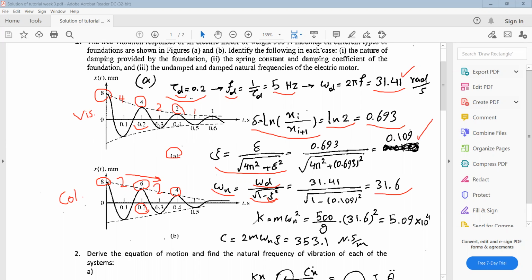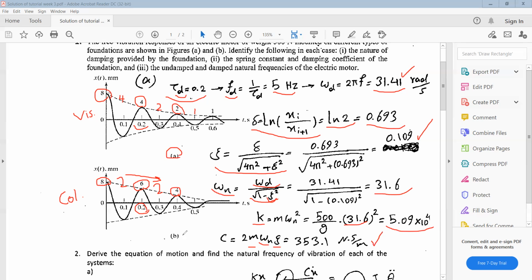And now we can find the stiffness, which is m times omega n squared, where m is 500 divided by g, because the weight of the system is 500 Newton. And this is the stiffness of the foundation. Also we can find the viscous damping constant, which is equal to 2 times m times omega n times psi. We have m, omega n and psi, and we can obtain c.